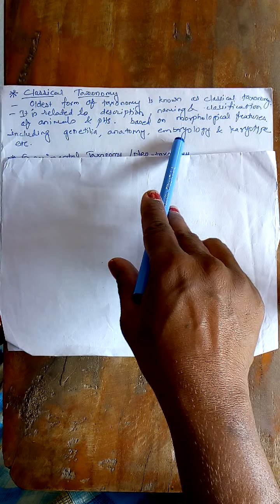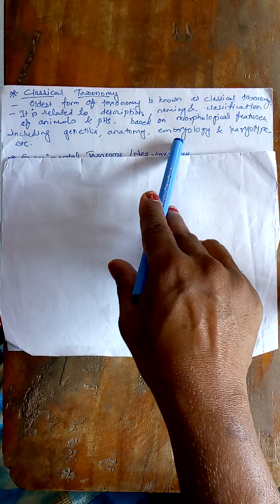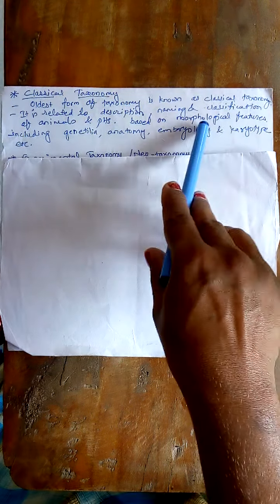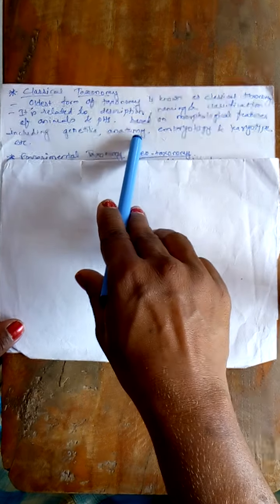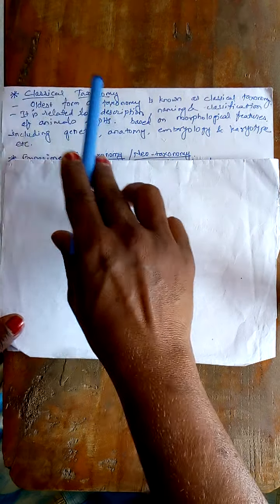Then embryology: when we study embryos, we call it embryology. And lastly, karyotype, which means the chromosomes. So here we study morphological characters, which include genitalia, anatomy, embryology and karyotyping. All this is about classical taxonomy.